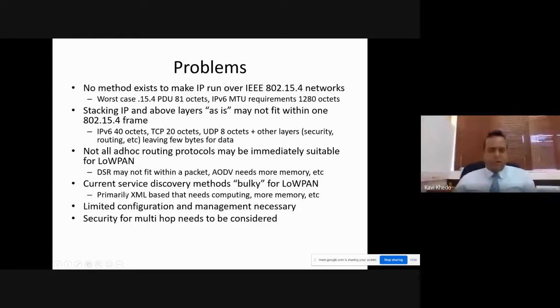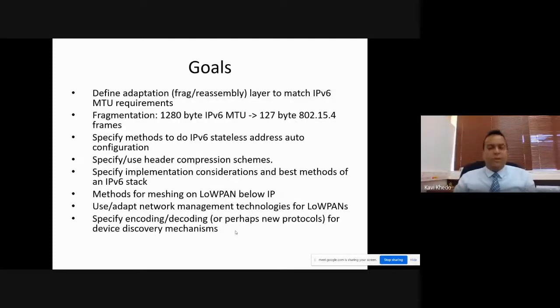Current service discovery is too bulky to be applicable to low-power wireless PAN. So all these are problems why IoT networks using IEEE 802.15.4 cannot connect to the internet and why it is difficult for them to use TCP/IP. But obviously the solution is 6LoWPAN, as we are going to see in a few seconds.